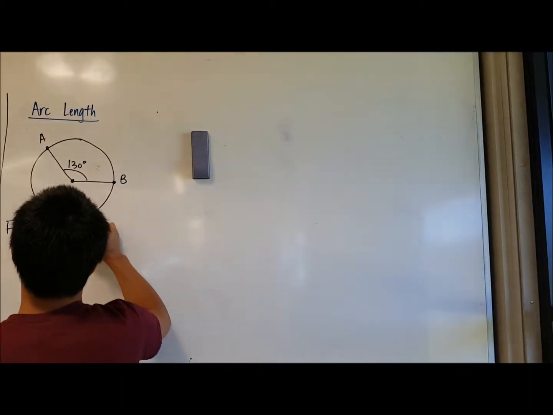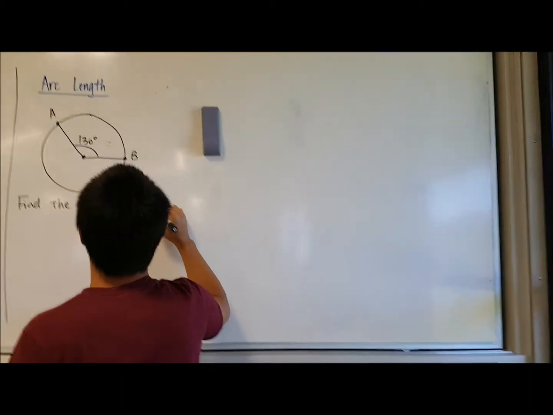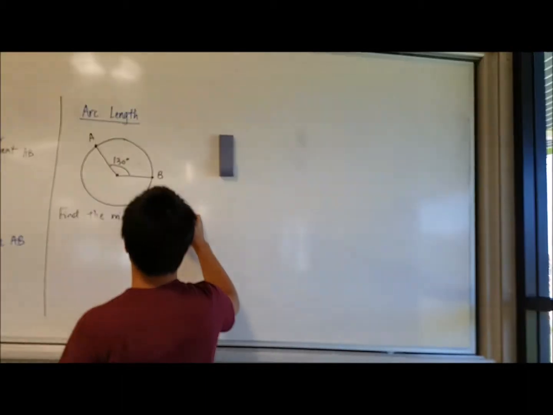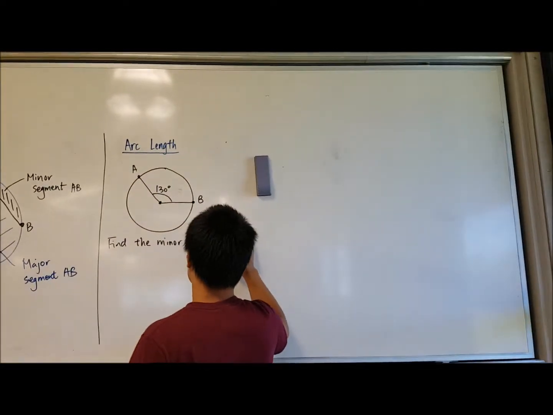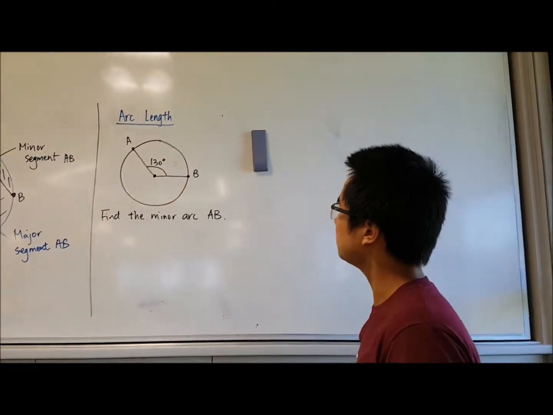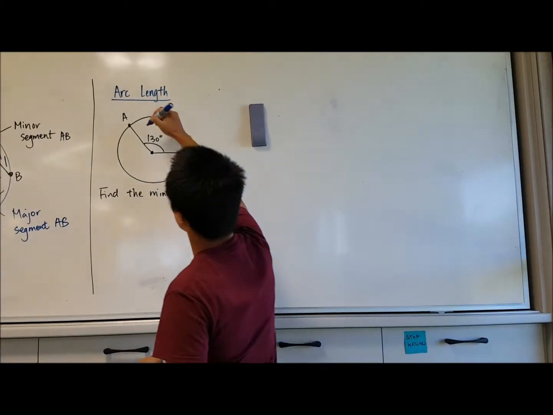Let's find the minor arc first. Minor arc AB. The length of the minor arc AB. So that means I want this length.